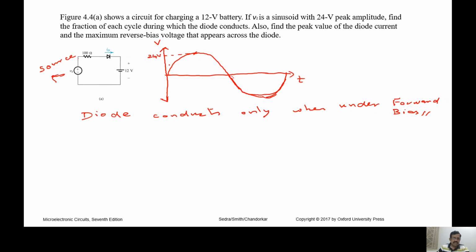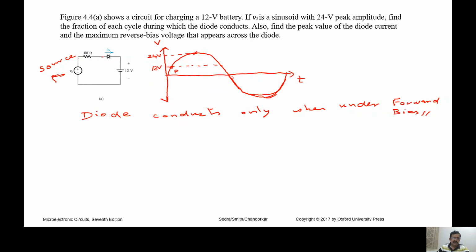So as long as the input voltage is not 12, until it reaches the value of 12 here, as I increase the input voltage at a point P, for example here, when the voltage is 12 volt, until that point there won't be any conduction, because the diode will be under reverse bias, because the potential at the P terminal will be lower than the potential at the N terminal.